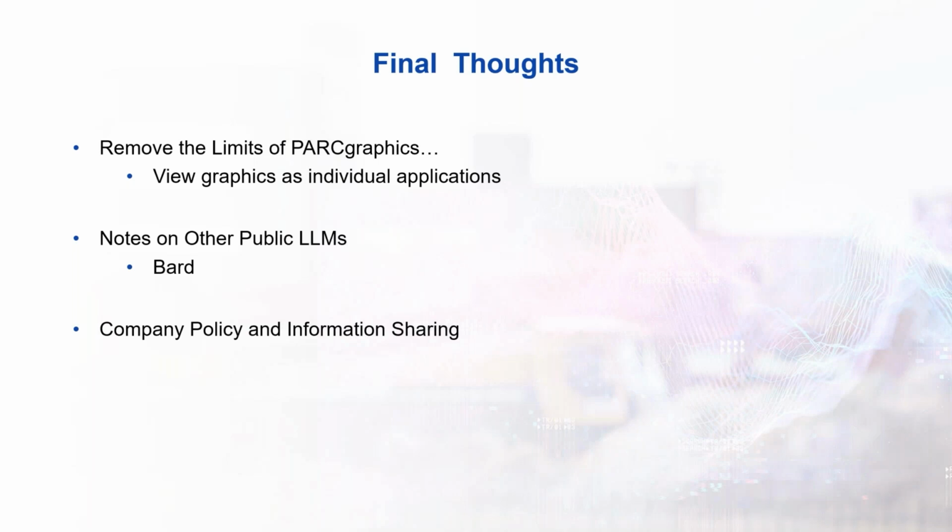Notes on other public large language models. BARD is the only other one I've really used. There are tons and tons of models out there that aren't just public, but are actually open source. The reason I use ChatGPT for coding is because every time I've tried with BARD, I don't really know how to prompt it correctly because it doesn't respond with what I'm looking for.